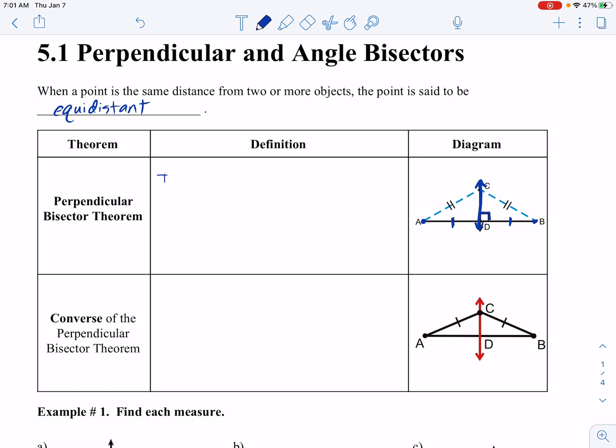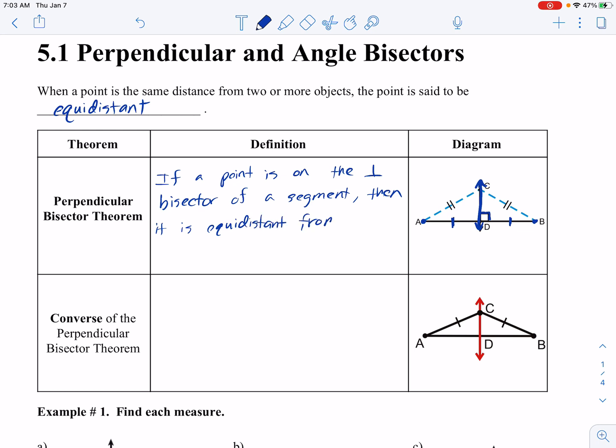So we're going to state that if a point is on the perpendicular bisector of a segment, then it is equidistant from the endpoints of the segment.